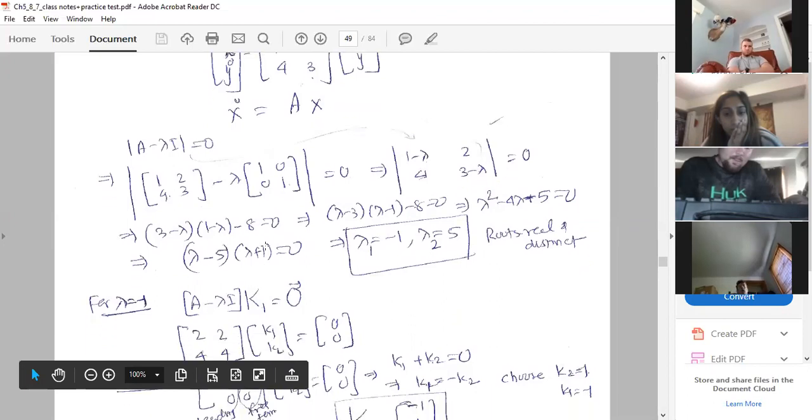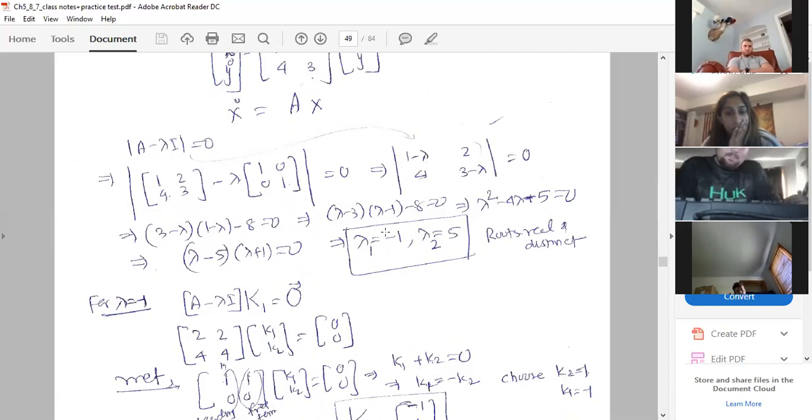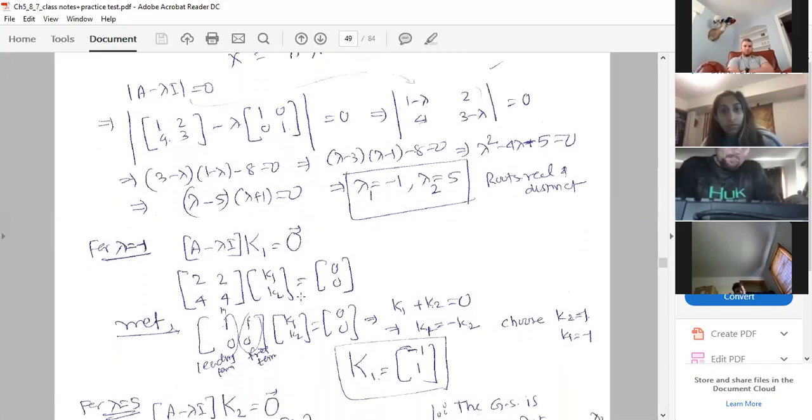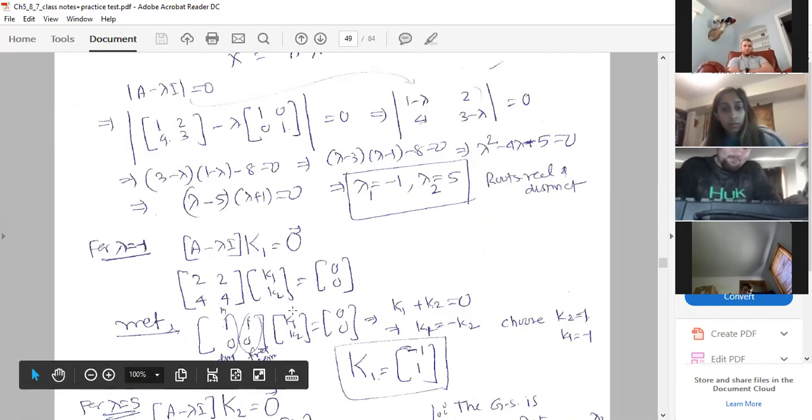Now let me choose my first eigenvalue and try to fix my first eigenvector corresponding to the eigenvalue lambda equal to -1. So I'll plug lambda equal to -1, A is over here, 1, 2, 4, 3, and after you're getting 2, 2, 4, 4. RREF will give you this form, 1, 1, 0, 0. The first column corresponds to K1, the second column corresponds to K2.